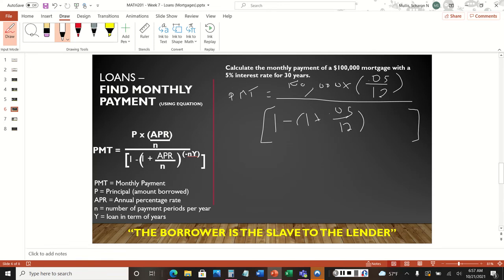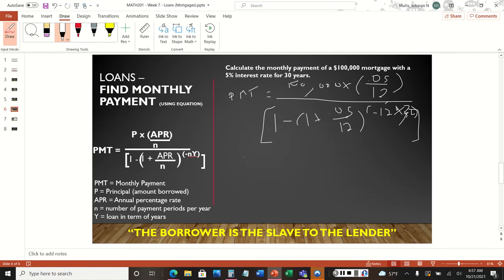And then in the exponent, we have a negative 12 times 30, because it's 30 years.